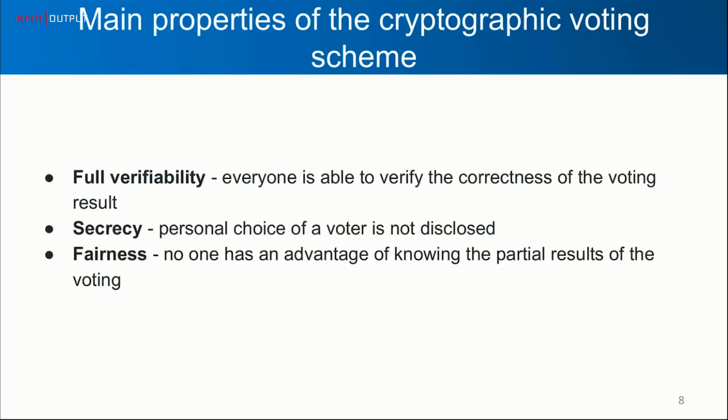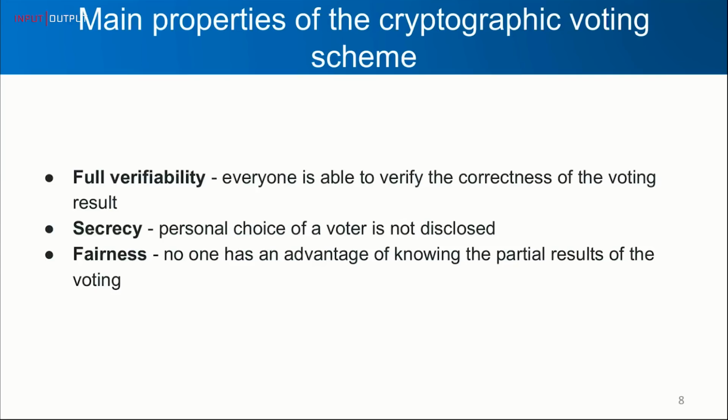Full verifiability means that everyone can verify the correctness of the final result. But actually everything can be verified, not only the final result, but also, for instance, the correctness of the voting ballot or the correctness of the distributed key shares, etc. It's done because all interactions go through a public blockchain and because of active usage of zero-knowledge proofs, which allow validating encrypted messages.